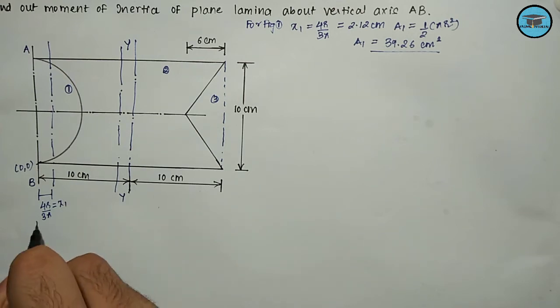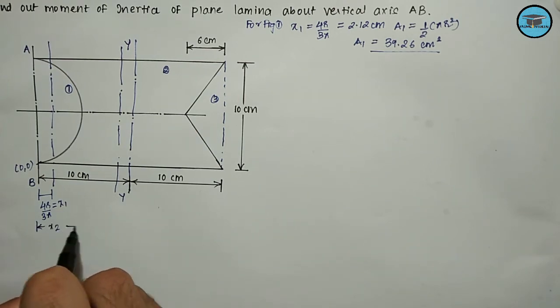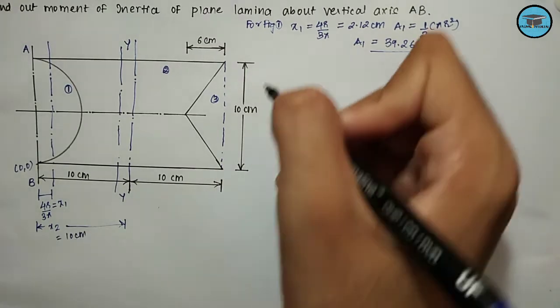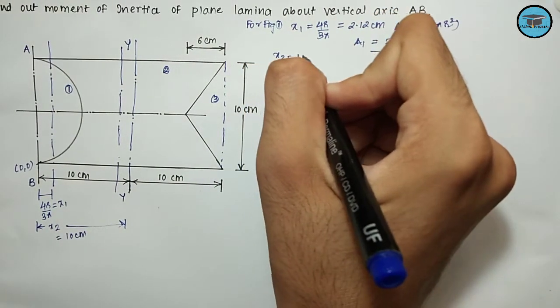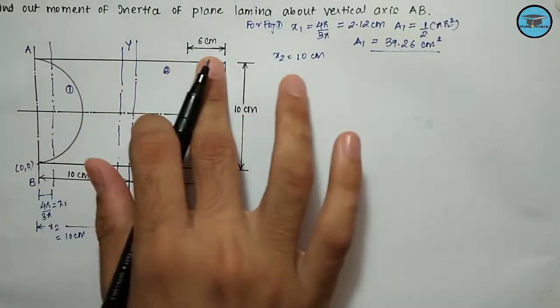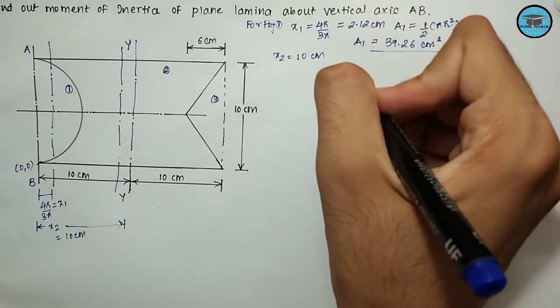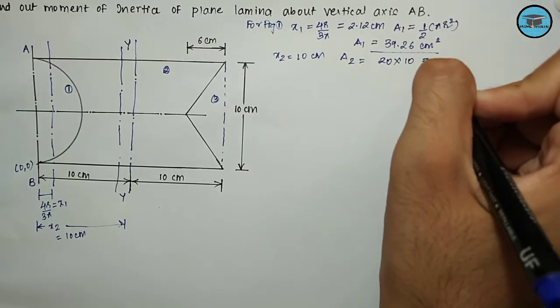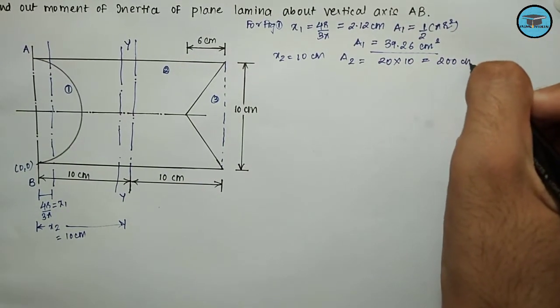It will be lying at a distance of x2 from this end, and the value of x2 is nothing but 10 centimeter. So the value of x2 is 10 centimeter, and for this entire rectangular region the area a2 is equal to 20 into 10. So the value comes out to be 200 centimeter square.